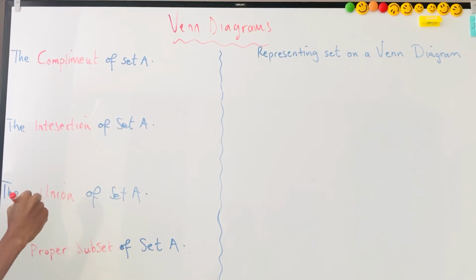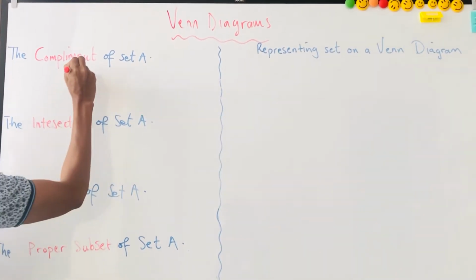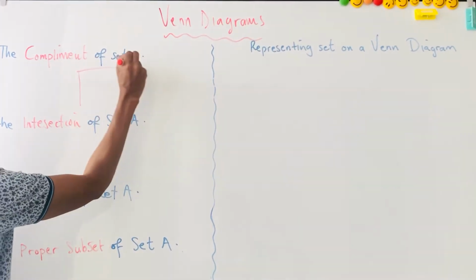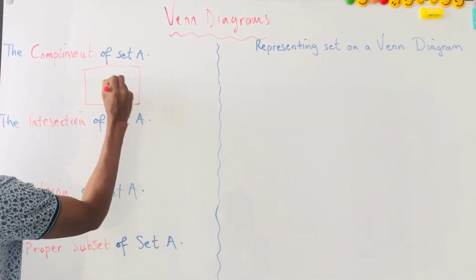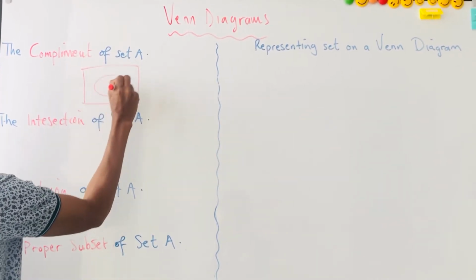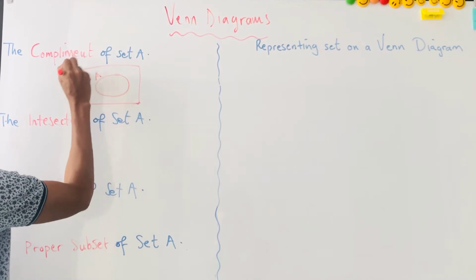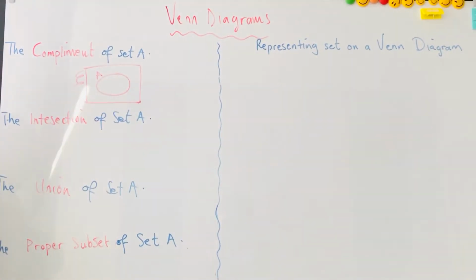What is complement? The complement of set A, first of all, let's have our Venn diagram there. So if we have our Venn diagram, we have our A, and remember, that is a universal set.